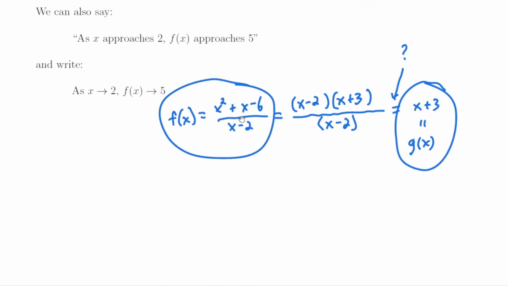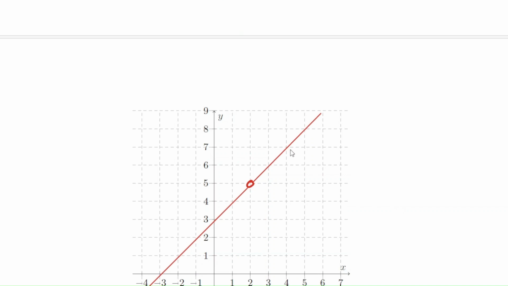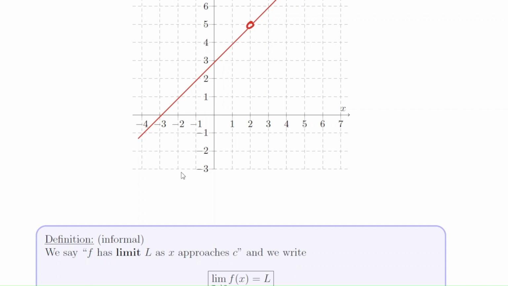The graph is pretty simple. It's the function just x plus 3, right? We have a y-intercept of 3 and a slope of 1, but it has a hole in the graph where x is 2. So notice that f of 2 was undefined, but if we plugged in values that were close to 2, we get outputs that are close to 5. So that maybe solves a little bit of the mystery about why we ended up getting 5 there as our result.